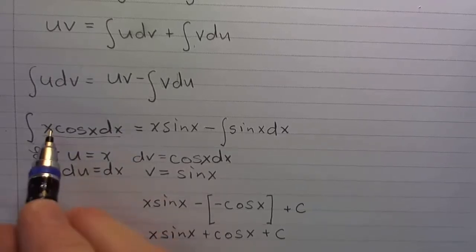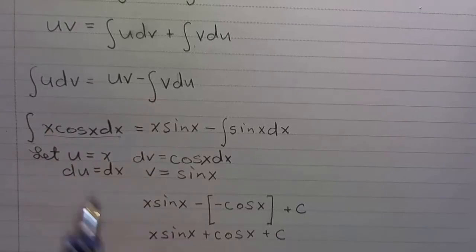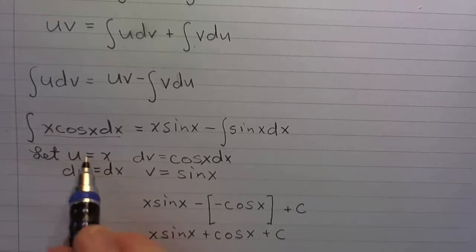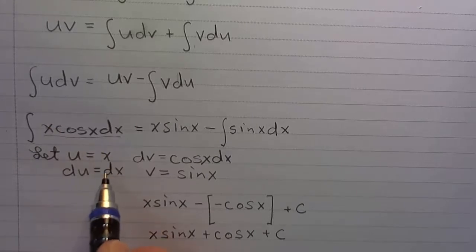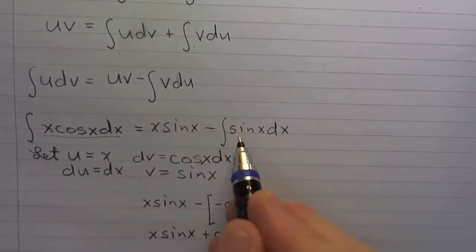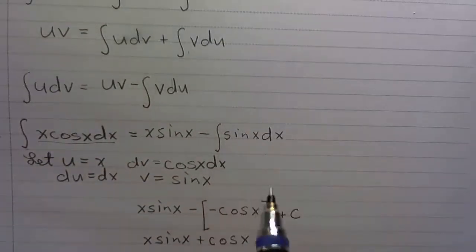What happens when we differentiate a polynomial? It decreases in power. So I had x to the first power, and when I differentiated it, it went to x to the 0 power. So that means when I end up over here with v du, I'm going to have a very simple integral. The x is gone.